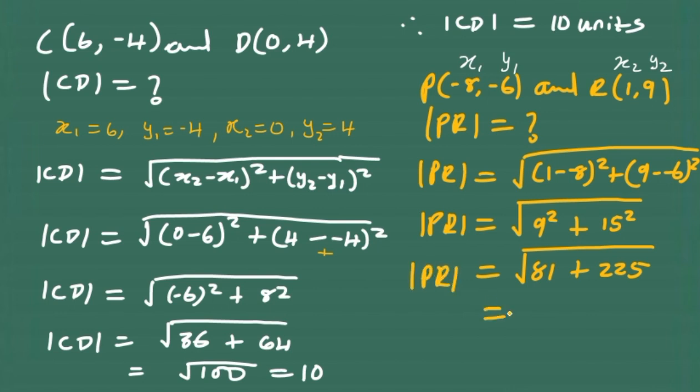Then if we compute this, we are going to have the square root of 306, and this can be written as 3√34. When you take the square root of 306, we are going to have 3√34 units as the distance between P and R. You can also express this as a decimal.